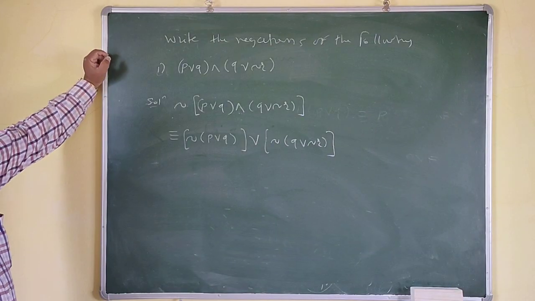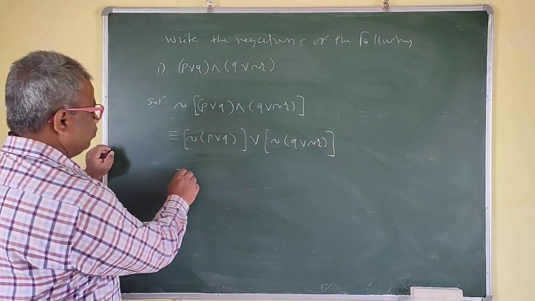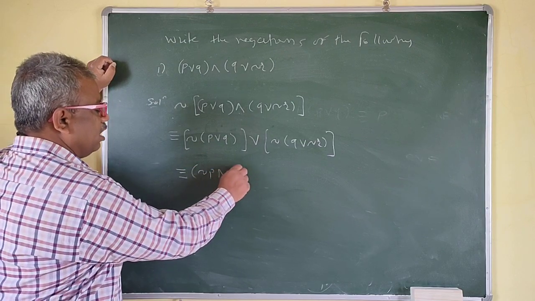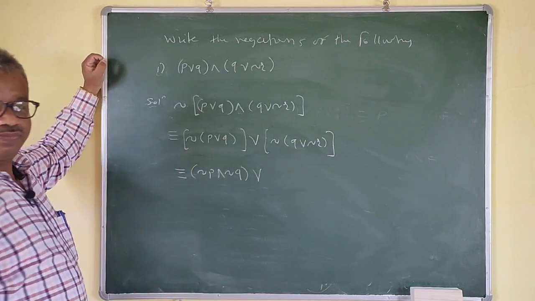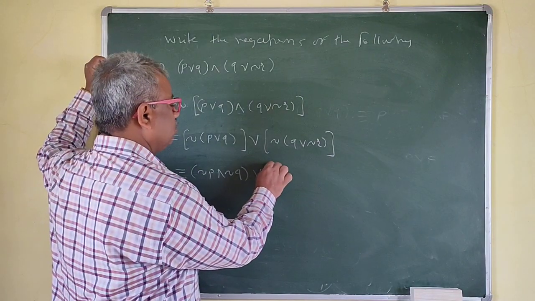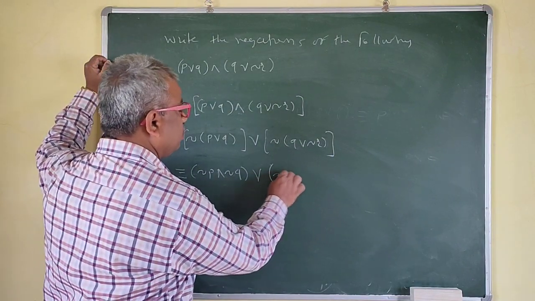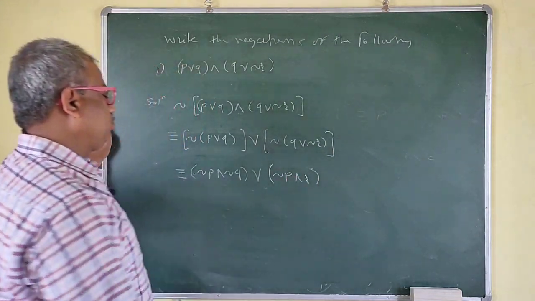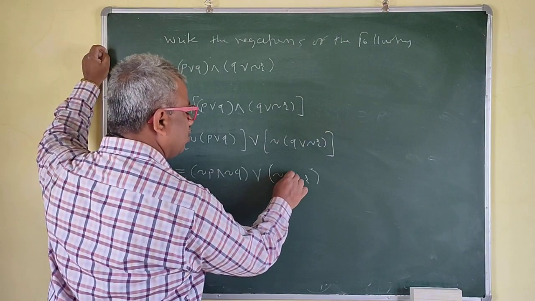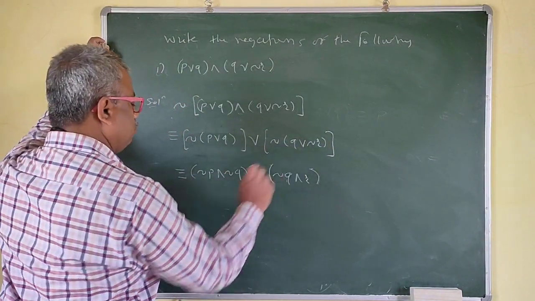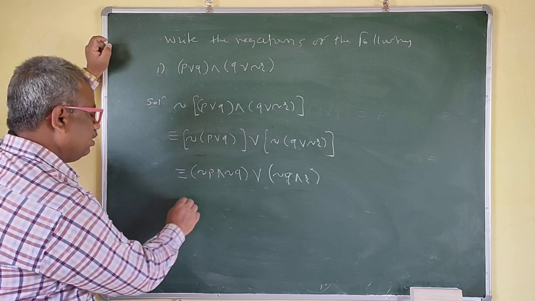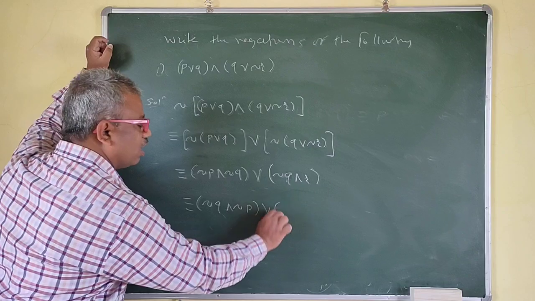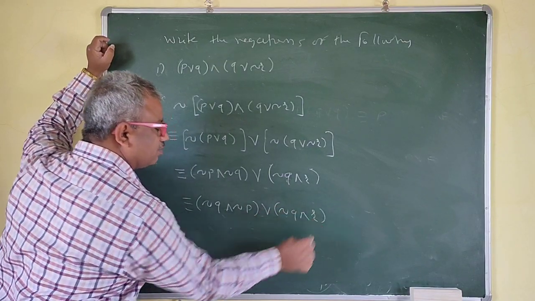Now we take the negation of this: negation P and negation Q, or, negation Q and R. Now here I can write this as negation Q and negation P, or negation Q and R.